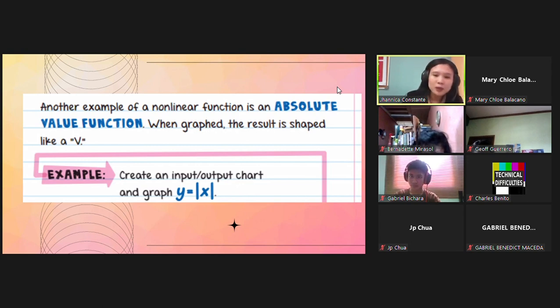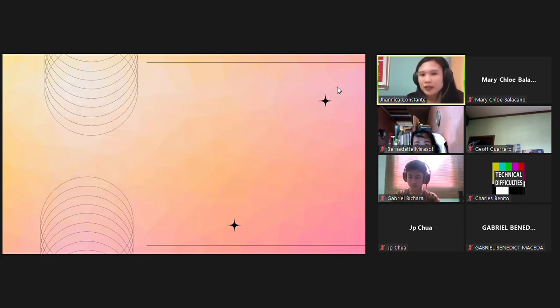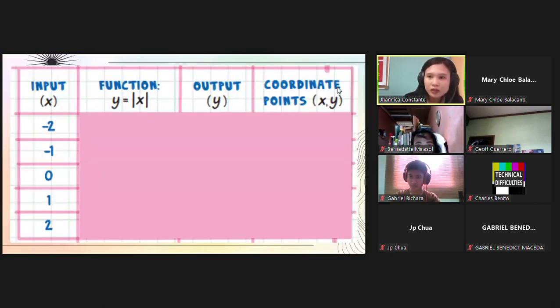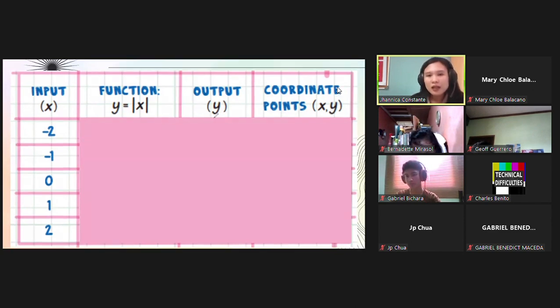For example, using this function that we have, which is y equals the absolute value of x. So, for example, we have this chart. The same, substitute the value of your input, or the variable x, to the function y equals the absolute value of x to determine your value for y and its coordinate.